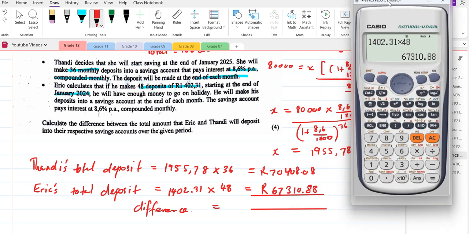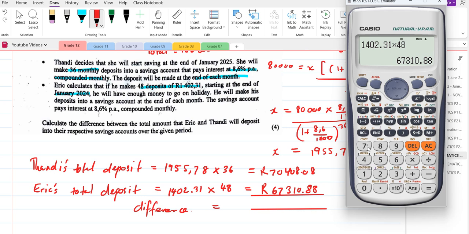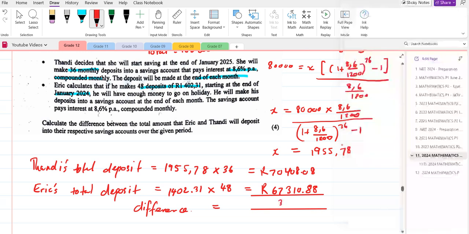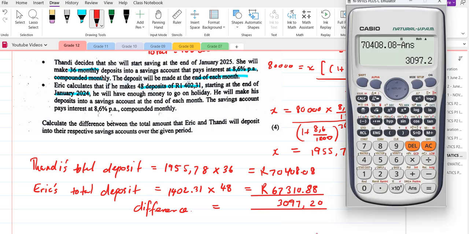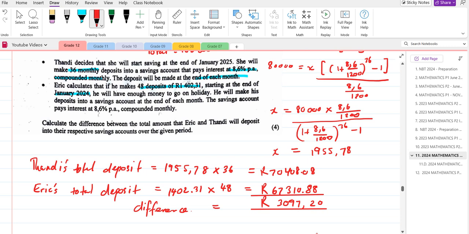I'm just going to take 70,408.08 minus the answer that was stored, and I'm getting 3097.20. Let me know, guys, how you have worked it out. This is the solution that I can provide. I hope you guys are understanding.